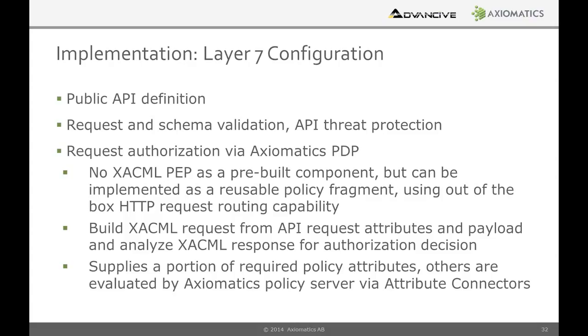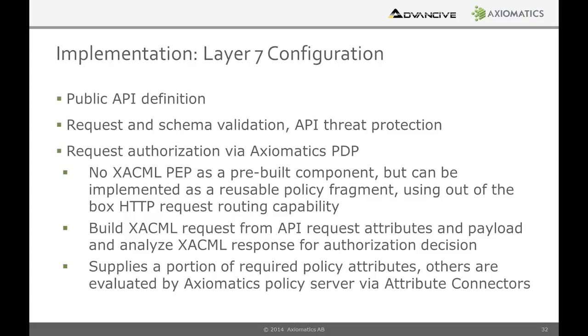It doesn't tell us that that physician was the author of that particular object that we're trying to update. Those attributes are still required for the policy evaluation, but they're going to be retrieved by the Axiomatics policy server itself through the attribute connectors, and we'll look at that configuration as well.